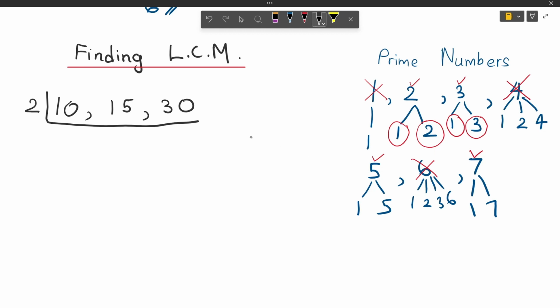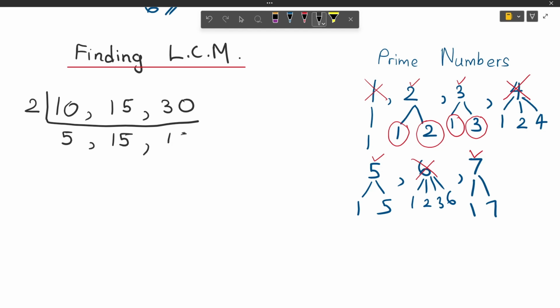Write 2 here. Now we divide these 3 numbers by 2. If we divide 10 by 2, we get 5. Can we divide 15 by 2 exactly? No, we can't. So we put 15 without changing anything. Can we divide 30 by 2? Yes, we can.